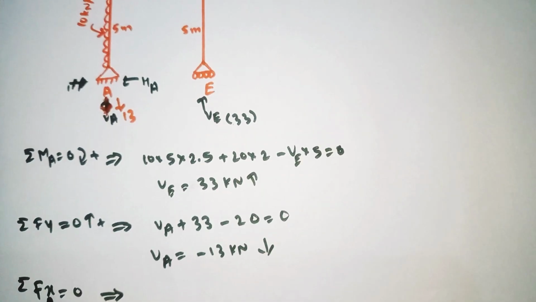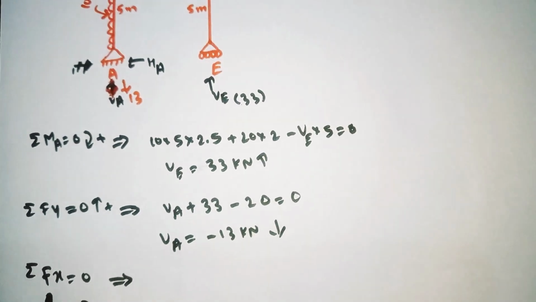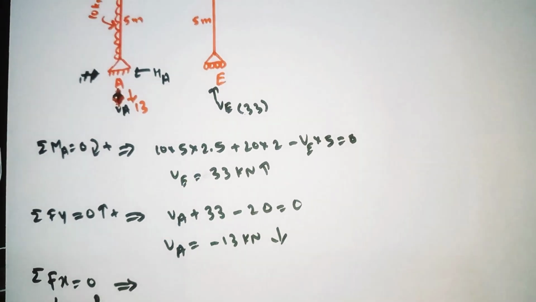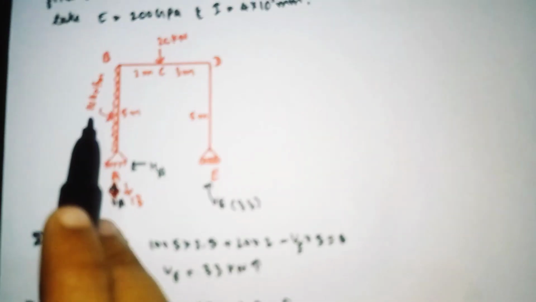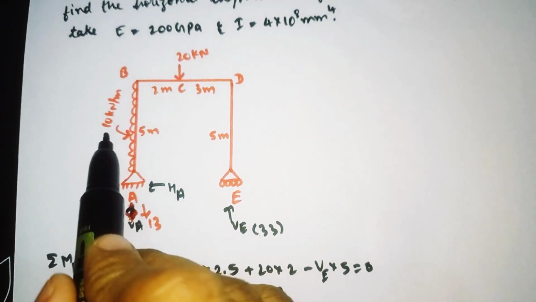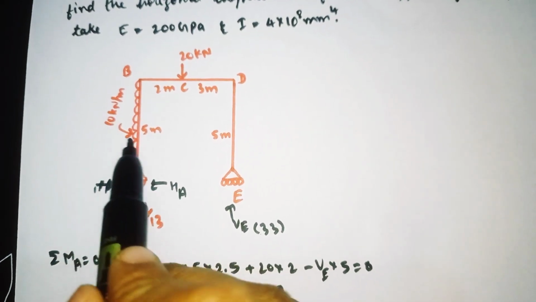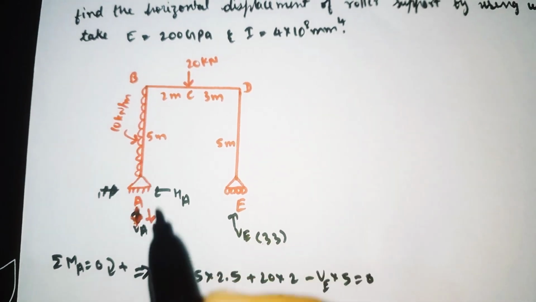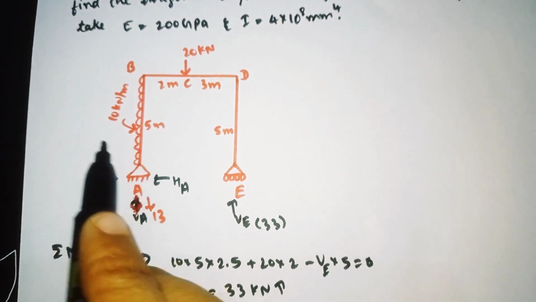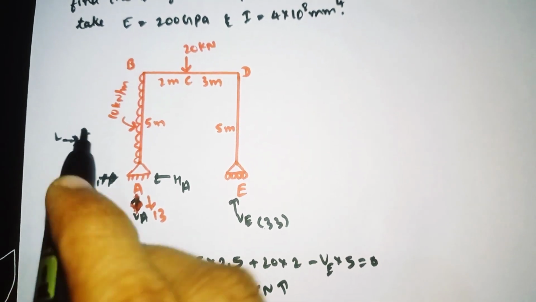Similarly, summation of all the horizontal forces is equal to 0. We take right to left positive. Here the UDL, if you convert it into a point load, acts horizontally like this. 10 into 5 is nothing but 50. Left to right means positive.